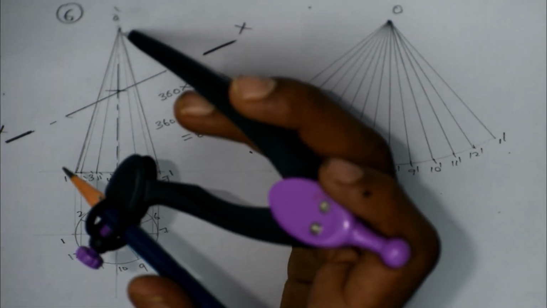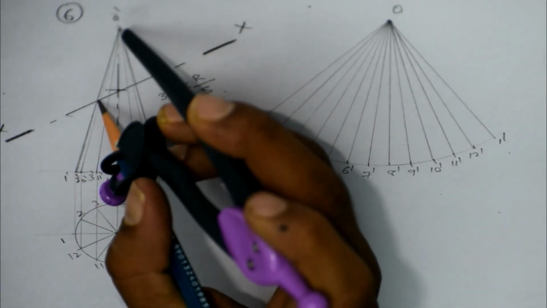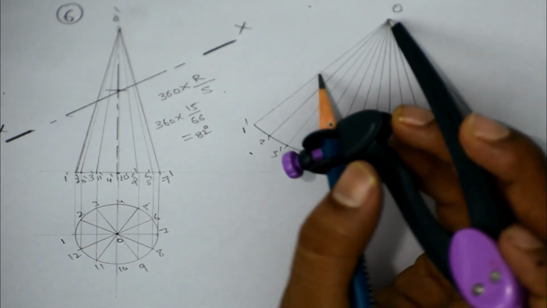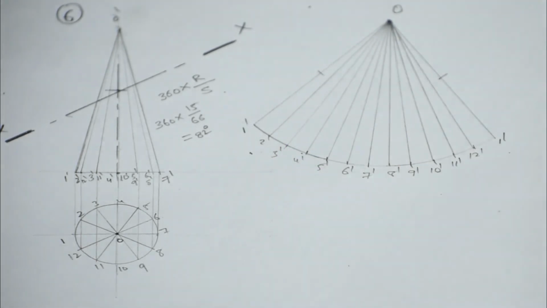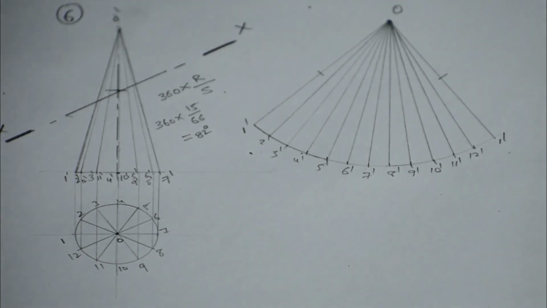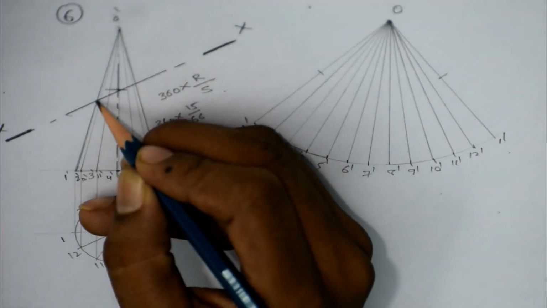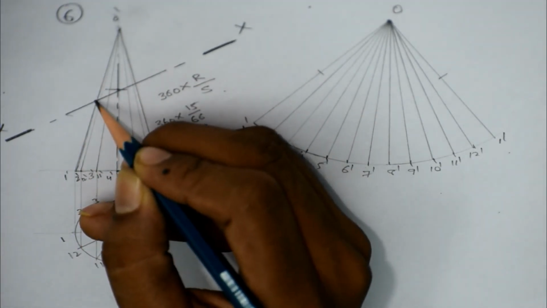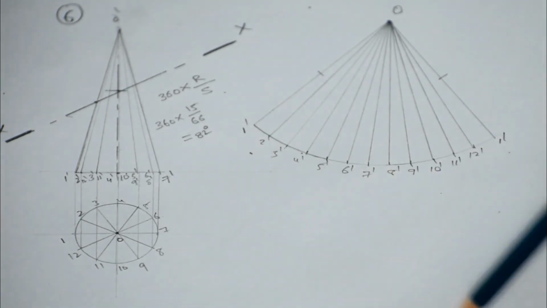You need to listen to this carefully. From O dash till this first point, I am taking the length. I am cutting an arc here and here. The reason I have taken this is because this is the first line and this is the first generator. The section plane is cutting it here, so we will get a point here.